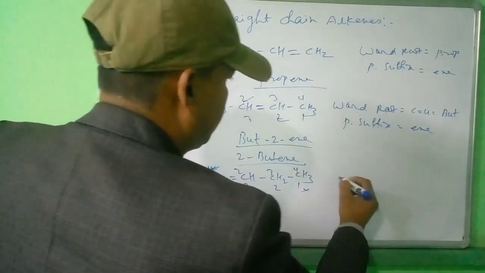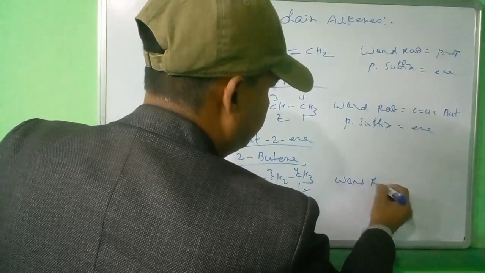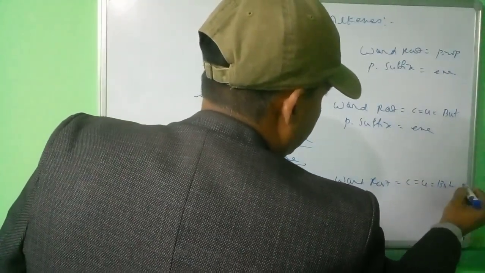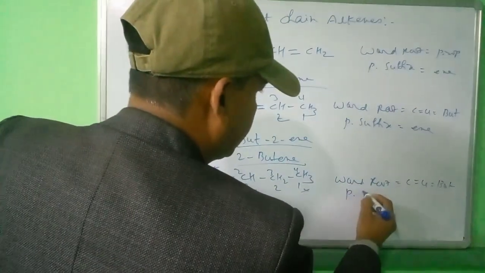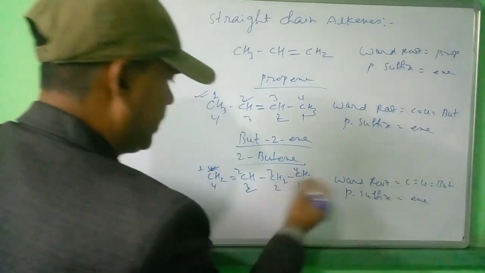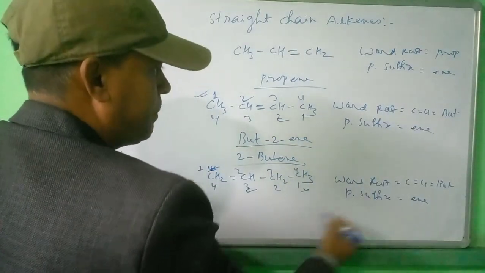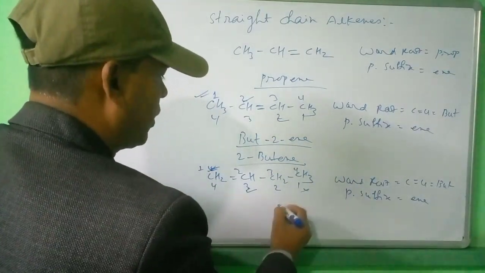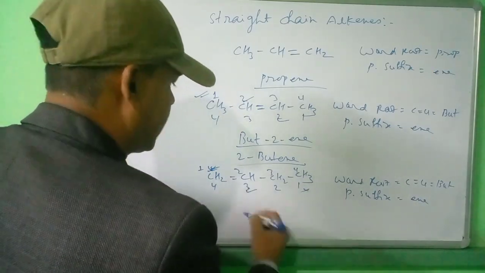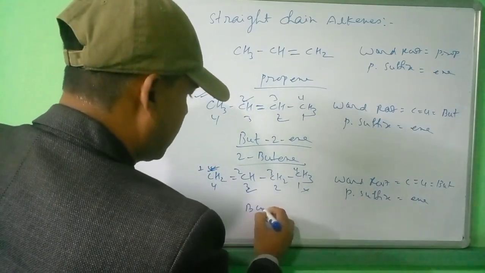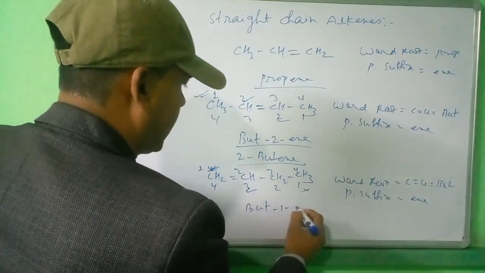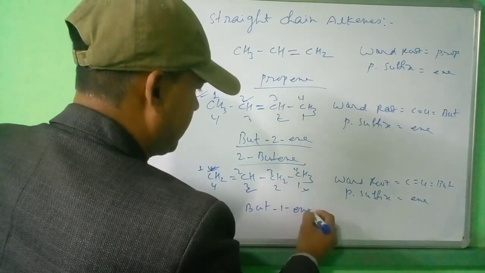Now the word root is the same: the number of carbons is 4, so but is the word root. And the primary suffix is ene. Then what is the name? Always the word root is written with the position before or after it. So directly you can write but as the word root, dash, position of the double bond 1, dash, ene as the primary suffix.